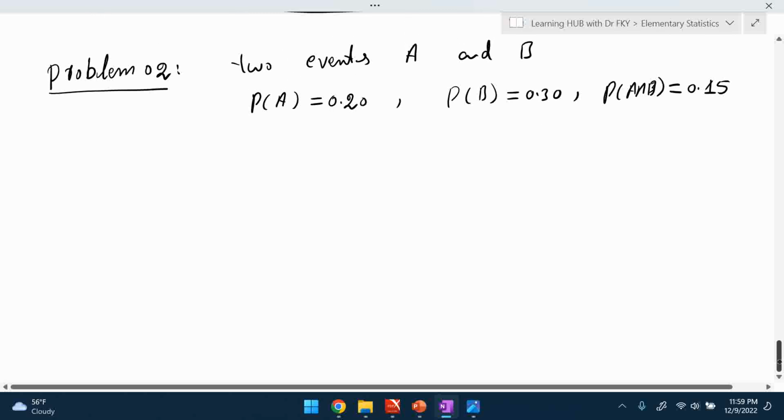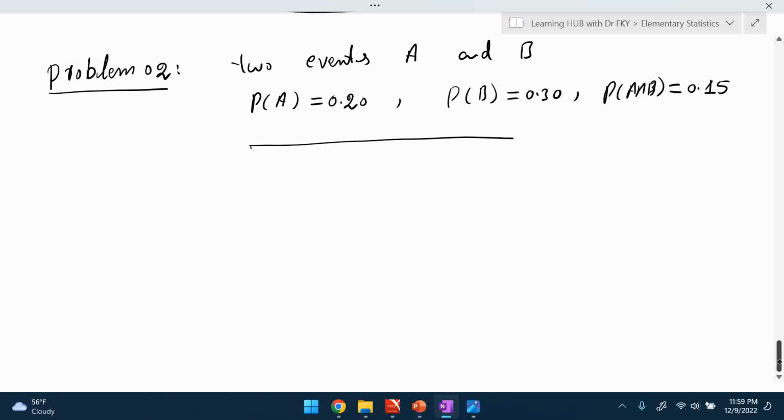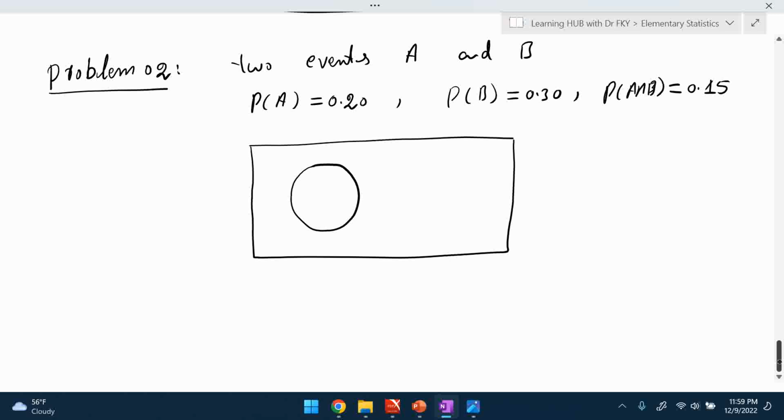By definition, I draw a rectangle. There are two events, A and B, so I can draw one event as A and the other as event B, but remember that there is a common point represented by the probability of A intersection B, since the problem mentions the probability of both events occurring.